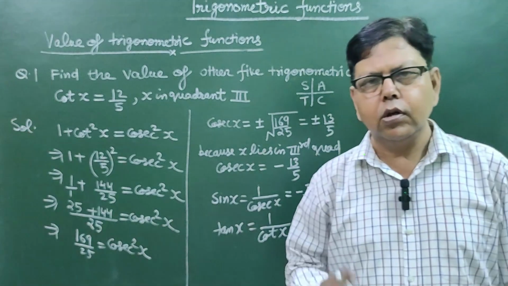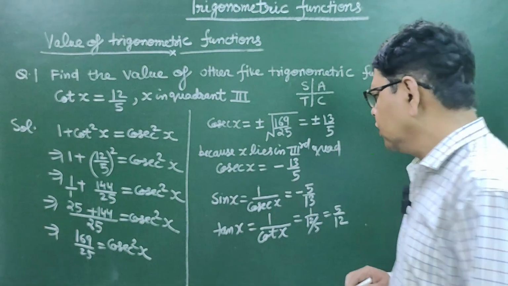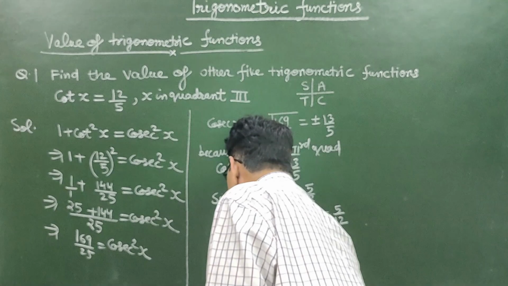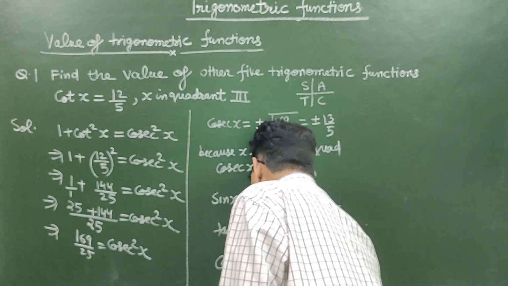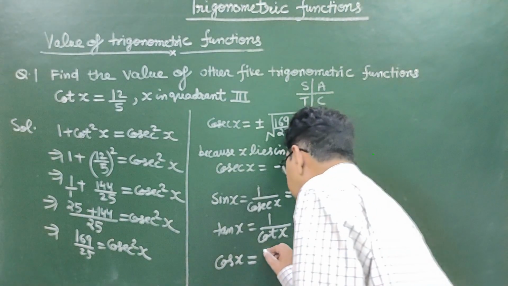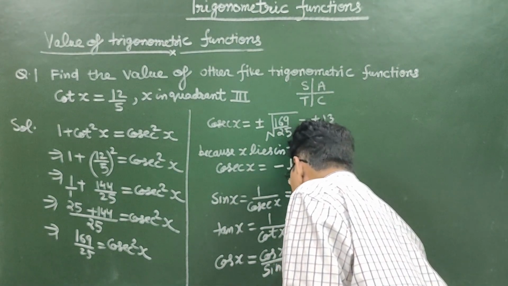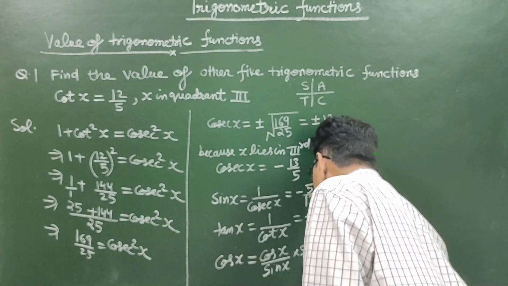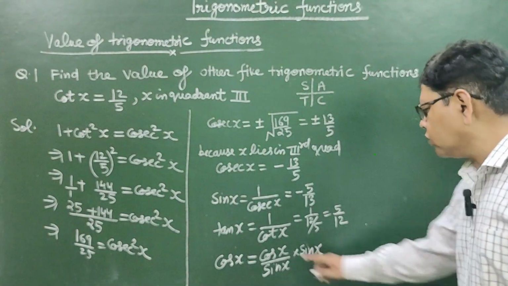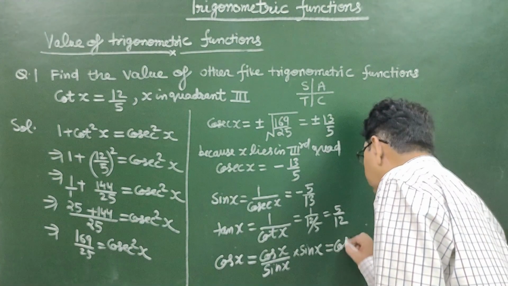Now remaining two trigonometric ratios are cos x and sec x. So cos x is equal to, if we divide cos x by sin x and multiply into sin x, and this cos x upon sin x is equal to cot x, so cot x into sin x.